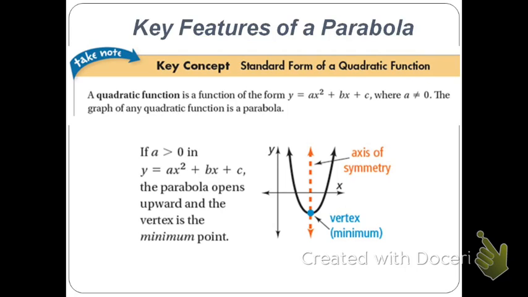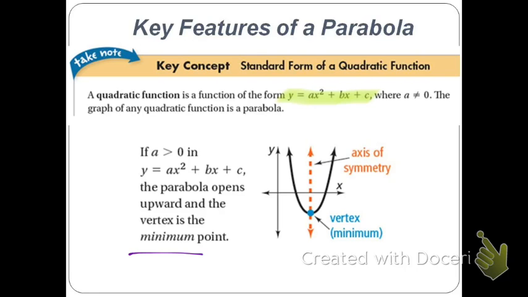Okay, so here we have the standard form of a quadratic equation, y equals ax squared plus bx plus c. And remember that a cannot be 0, and we're going to look back and be able to identify the vertex. Remember, if this is facing up, then we have a lowest point, so we have a minimum.